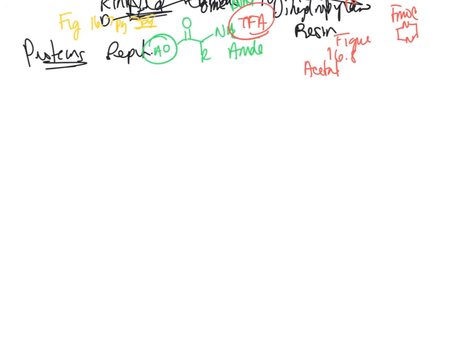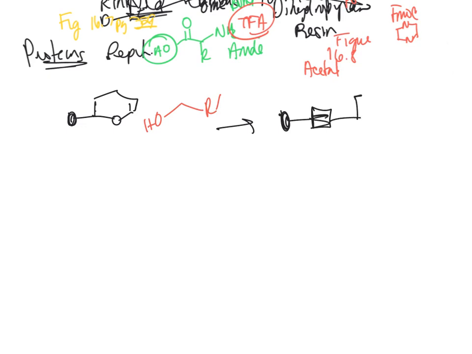And so this one, you can take basically a primary alcohol. So if you have a primary alcohol, then that will react with the pyran. This is your functional group, and that is an acetal, and the acetal is cleaved in TFA.